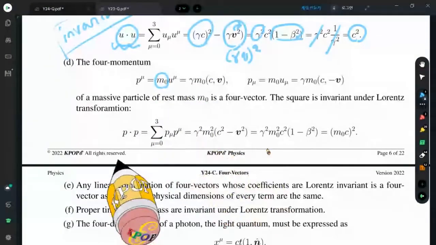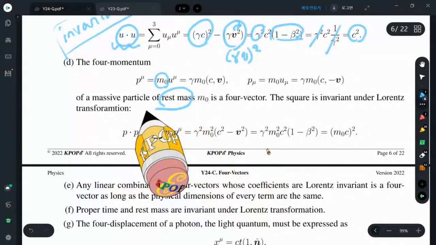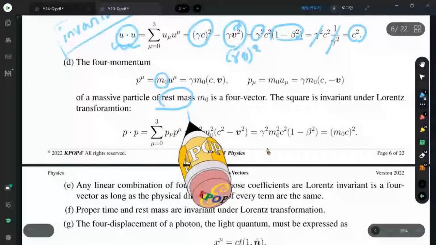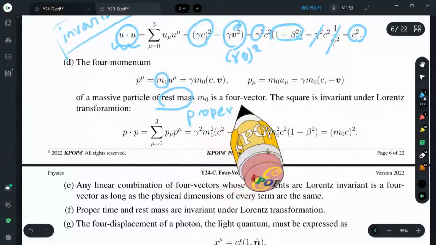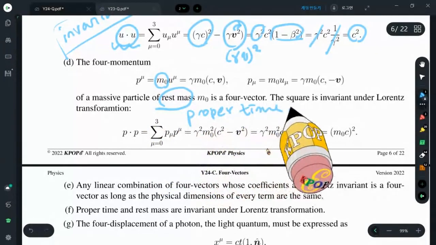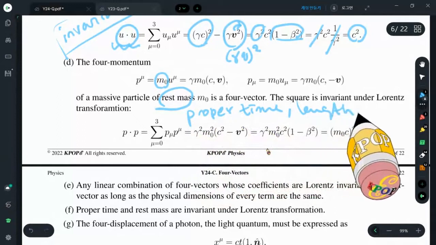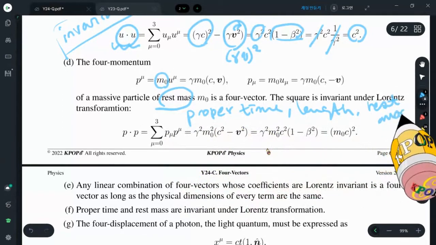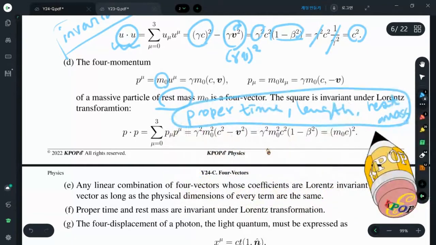That is called the rest mass. Then the rest mass is just like proper time and proper length, rest mass, everything is invariant under the Lorentz transformation.